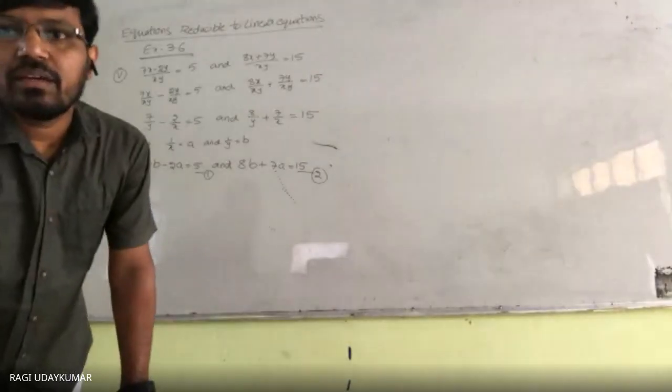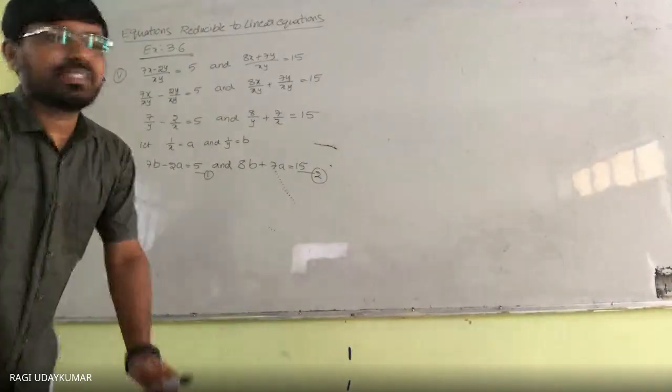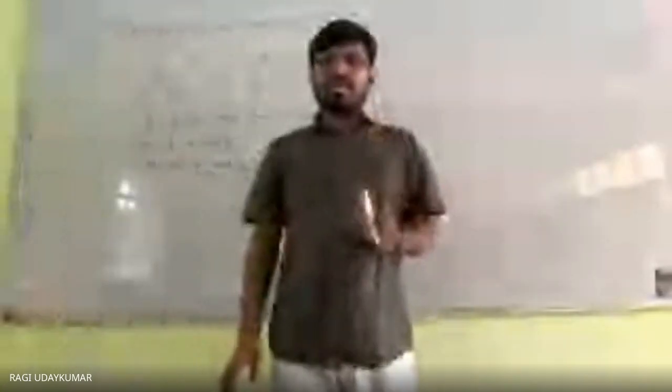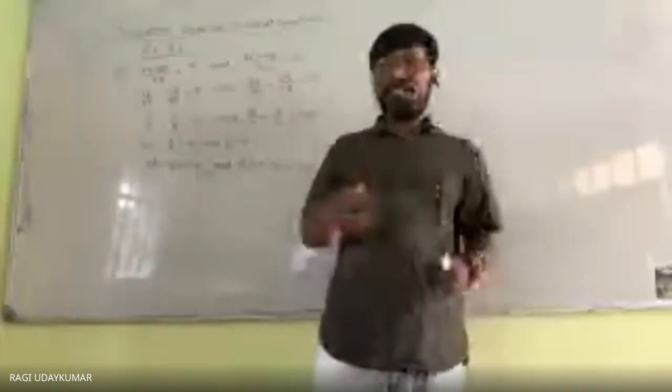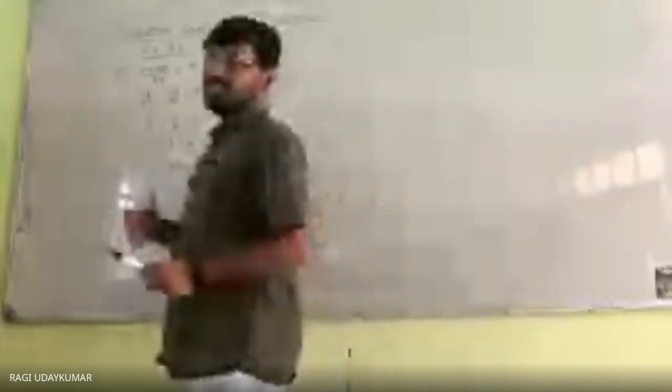Now coming to the next, 7th problem. This is the way, after getting the a and b values, don't get confused. In this problem, most of the students will be confused about the a and b values, because all the problems follow a similar way, like 1 by x and 1 by y.